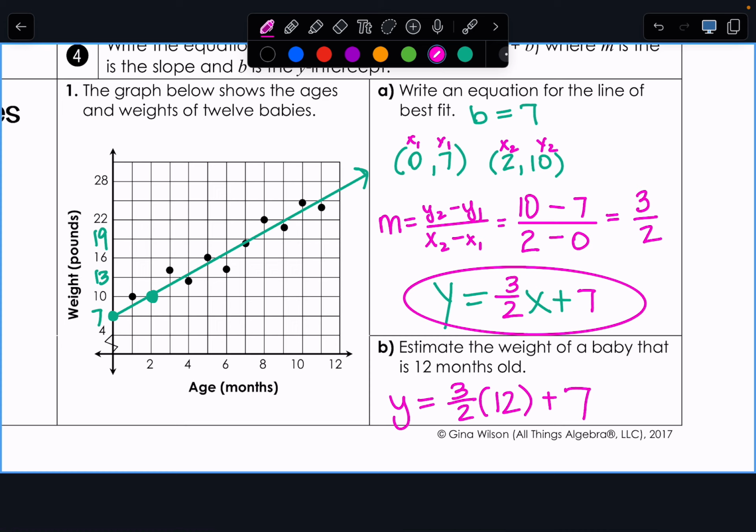So yeah, you might need a calculator today. I need to know what 3 divided by 2 times 12 plus 7 is. Elaine got 25, but I need you to double check his work. I trust him, but we got to double check him. Charmony got 25.